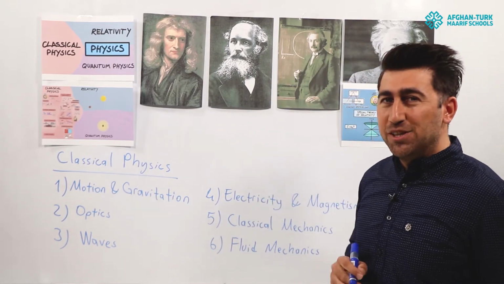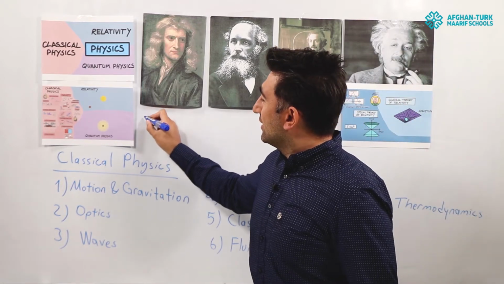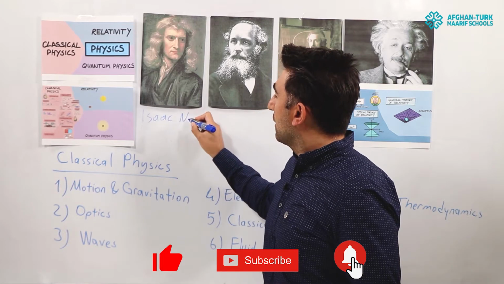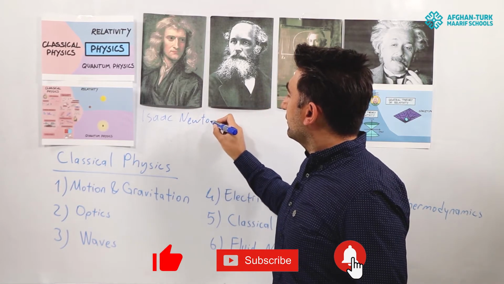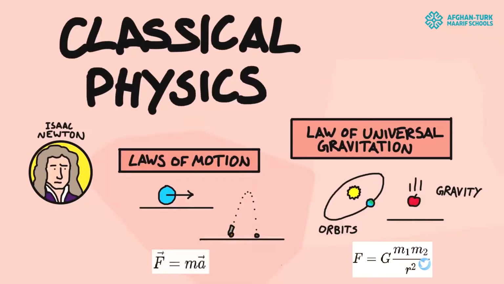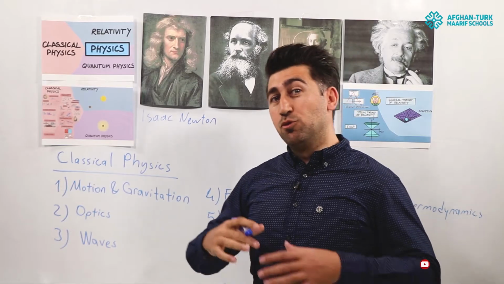By the way, can you guess which one is Isaac Newton? This one is Sir Isaac Newton. His laws of motion describe how everything made up of matter moves about.